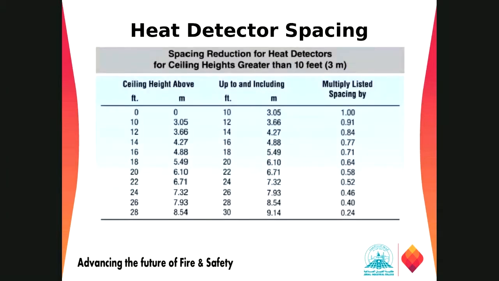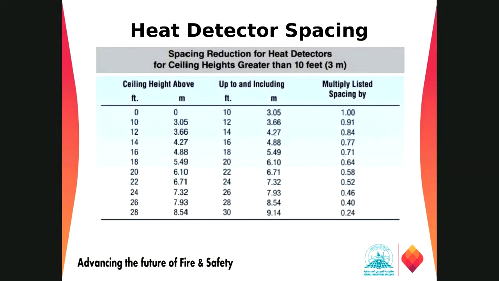The higher the installation height of the detector from the floor, the higher the building, the more the spacing of the detector will be reduced. Let's say the 12 meters is normally listed for 3-meter height. If a building is 3 meters high, we can install at 12 meters if there is no obstruction or any other configuration.